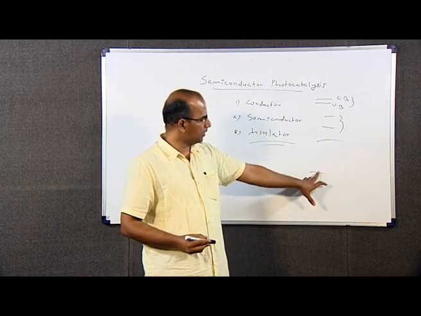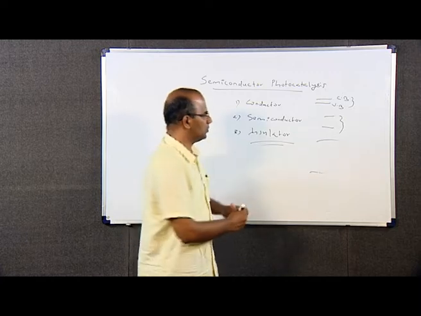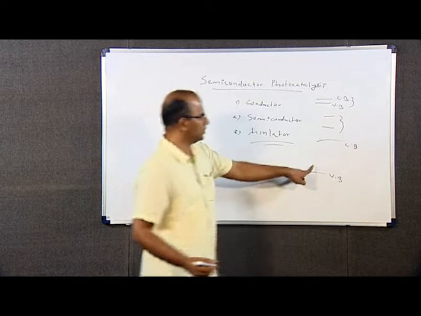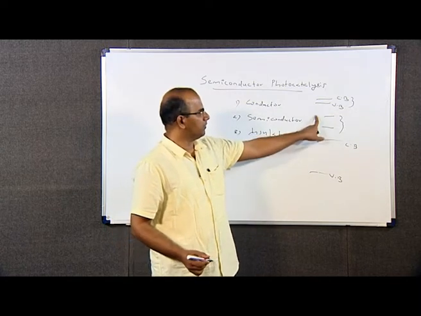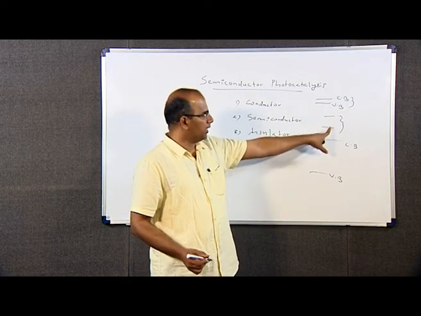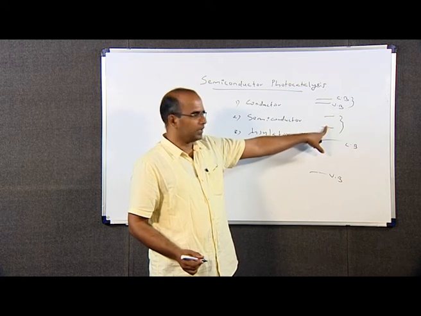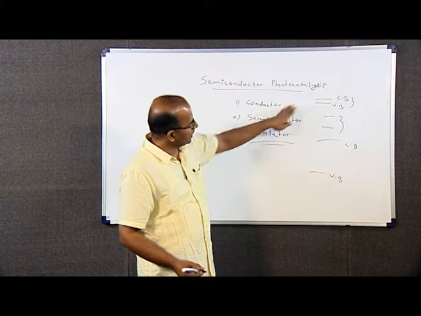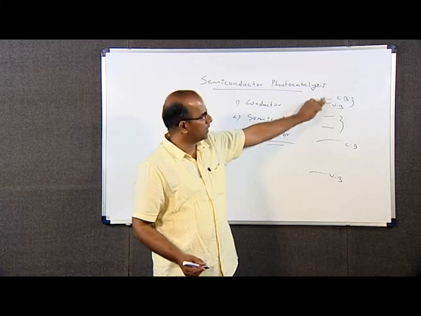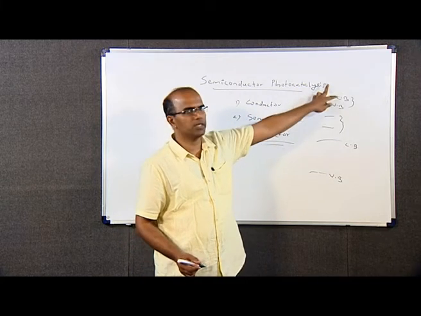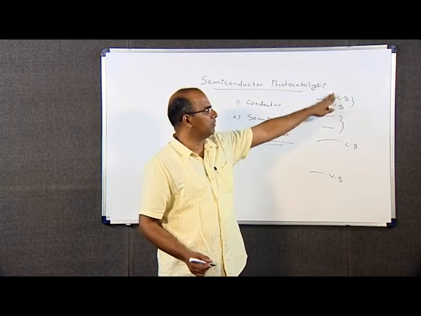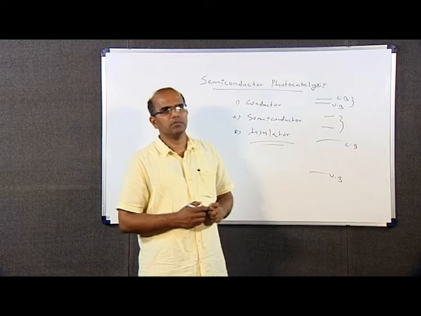So, an electron cannot pass from the valence band to the conduction band in an insulator. In a semiconductor, if you put in some energy, it can eject an electron from the valence band to the conduction band. And in a conductor, there is not much difference between the valence band and the conduction band, so the electron can easily flow from the valence band to the conduction band.